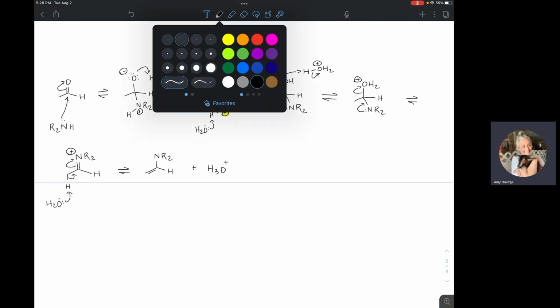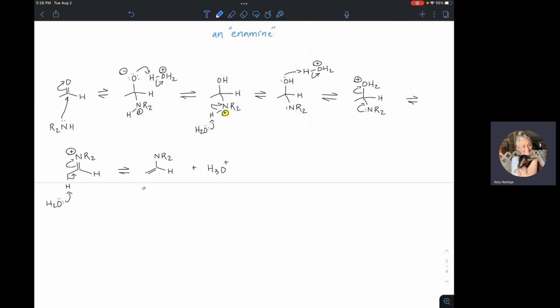This is going to be your enamine. It's ene for the double bond and amine for the nitrogen with the R2 or whatever your alkyl groups are. So your secondary amine can attack an aldehyde or a ketone and form an enamine. A primary amine will form what's called an imine.